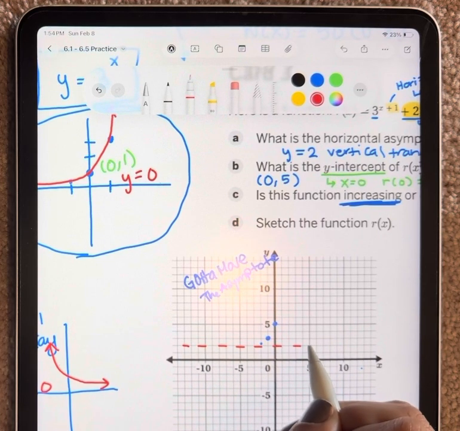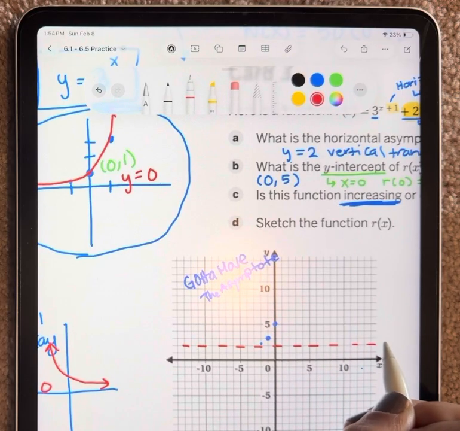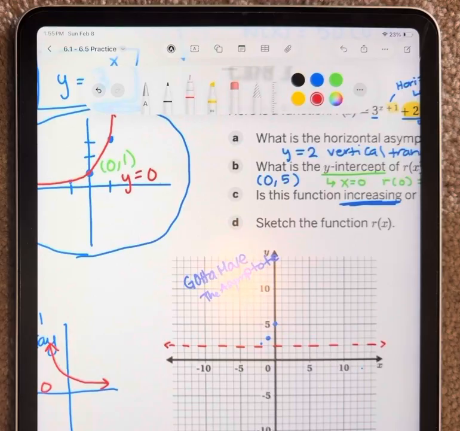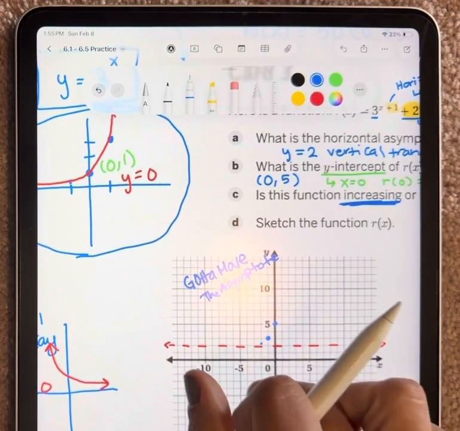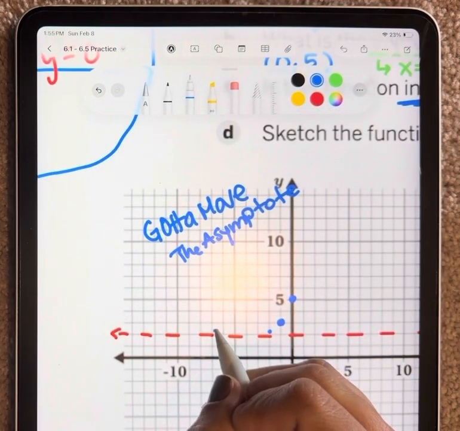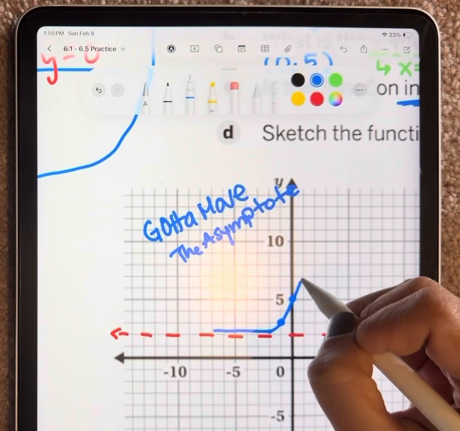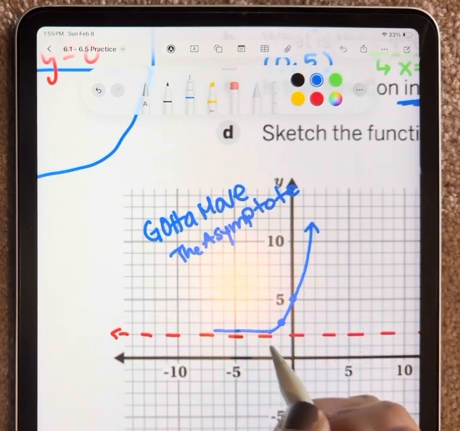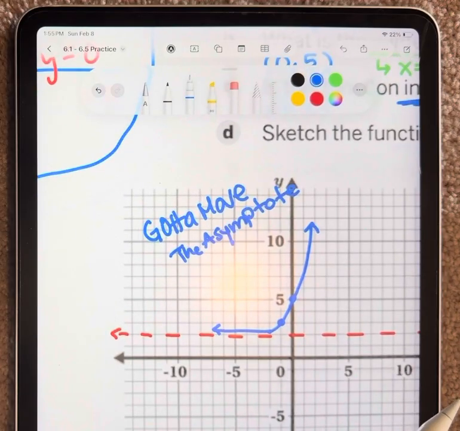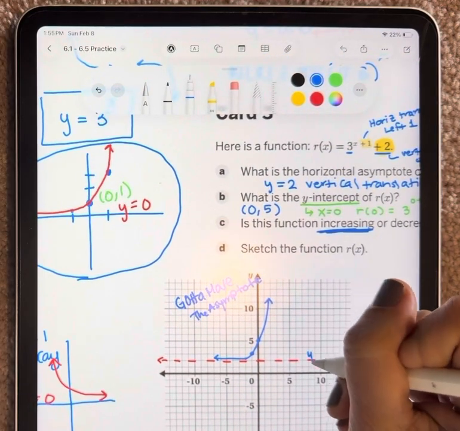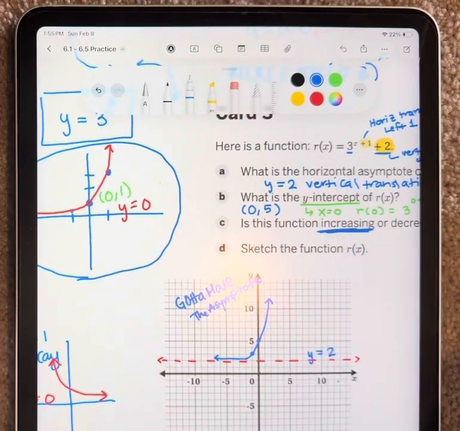When it moved to the left, it didn't matter because it's already going all the way left and all the way right. But the up 2 part was important. And you better make sure, you guys, you draw me your curve. Make sure it has that shape. Make sure it doesn't cross the asymptote. Okay? Asymptote at y equals 2, just as we said earlier.